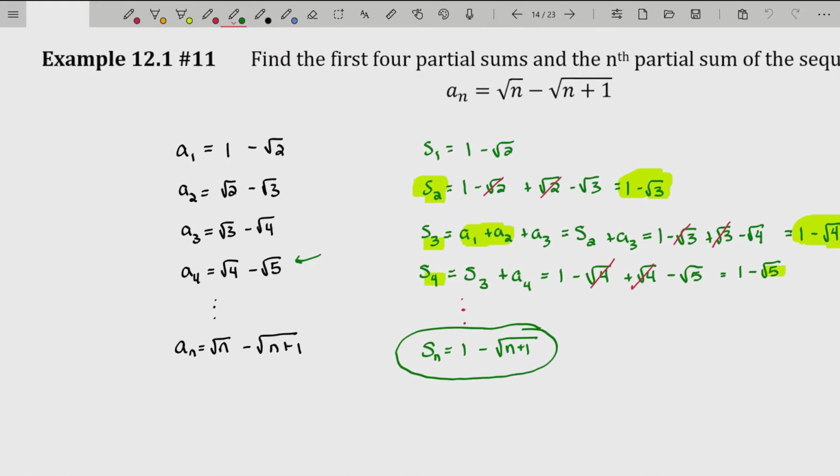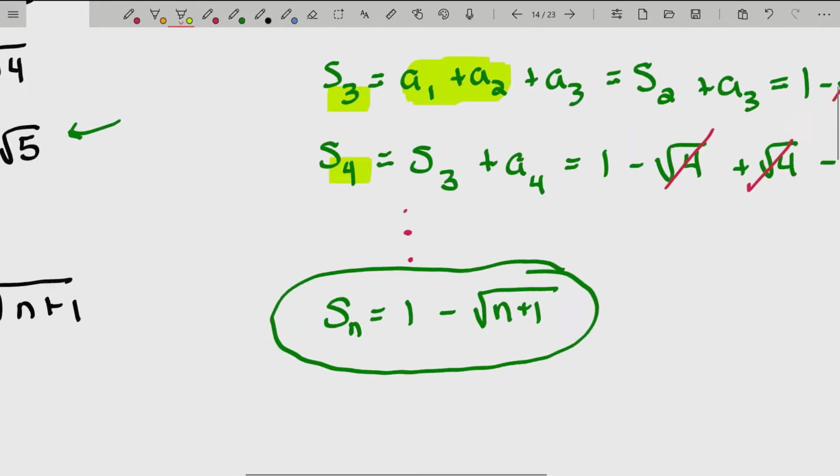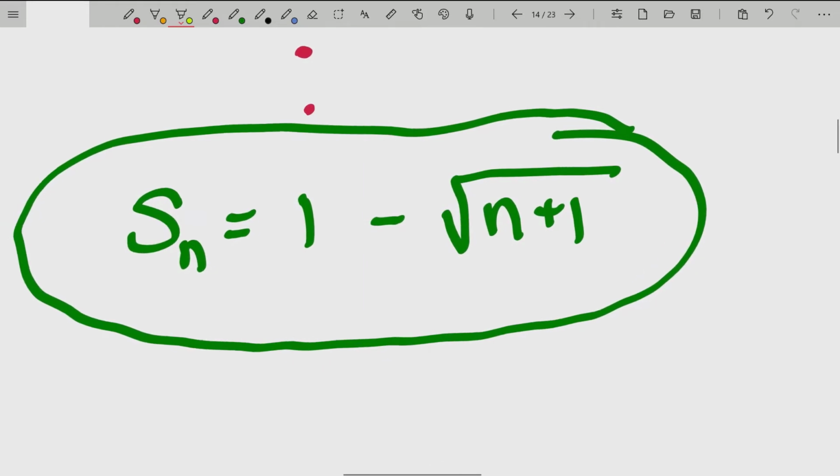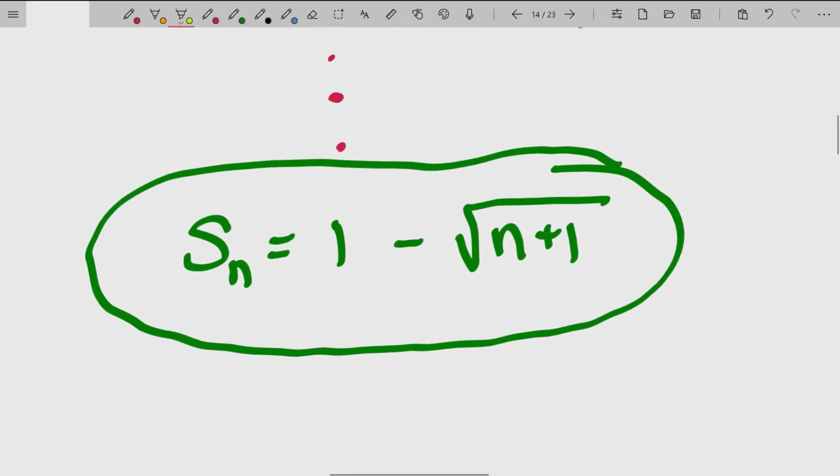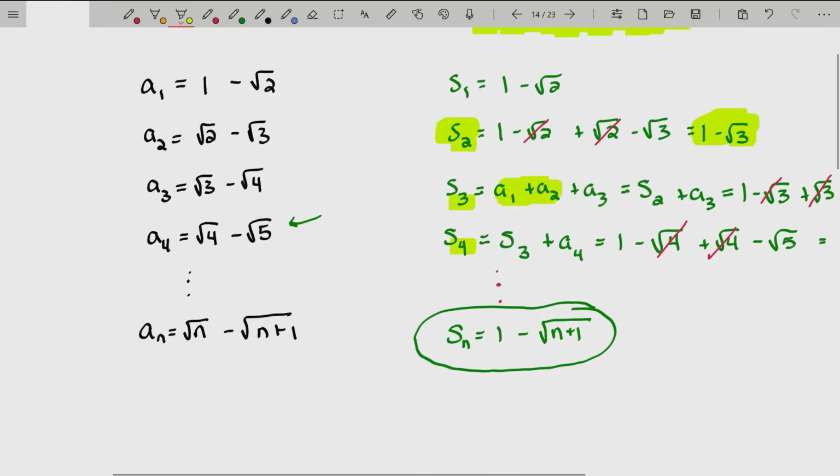The reason why is because this sequence, the base sequence we were handed originally, is called a telescoping sequence. Well, actually the sum is called a telescoping sum. What that basically means is that it's like an old pirate's telescope. It extends out for a long distance, but it turns out it just collapses to two pieces: 1 and the minus square root of n plus 1. So anyhow, that's how that works.